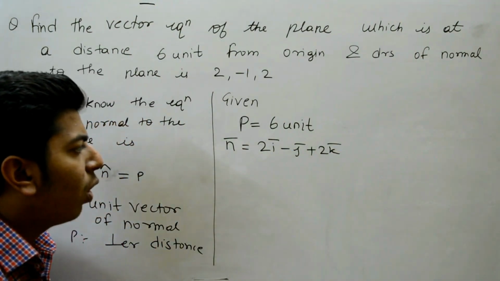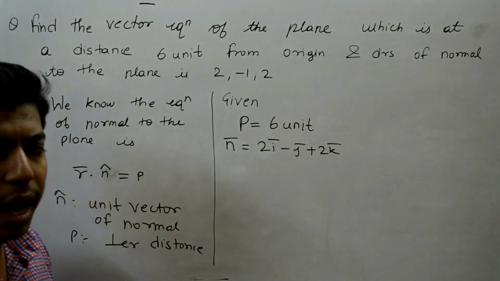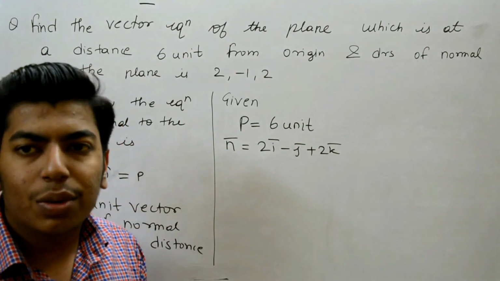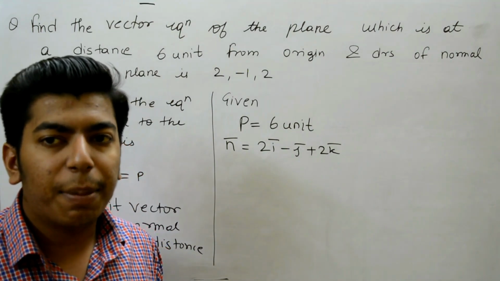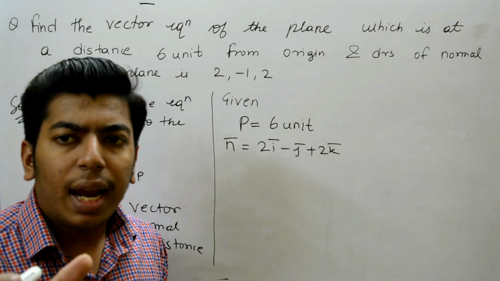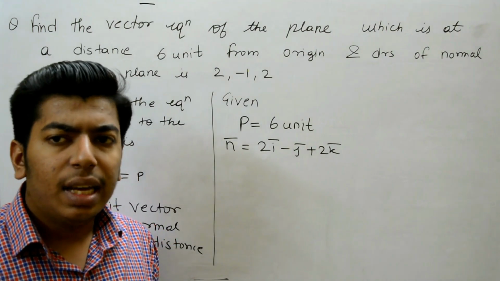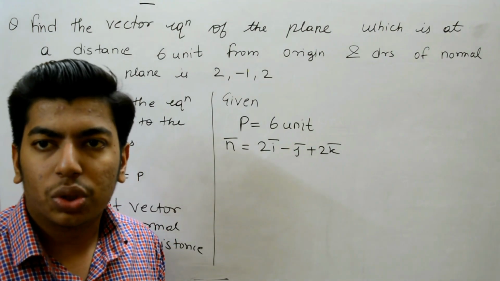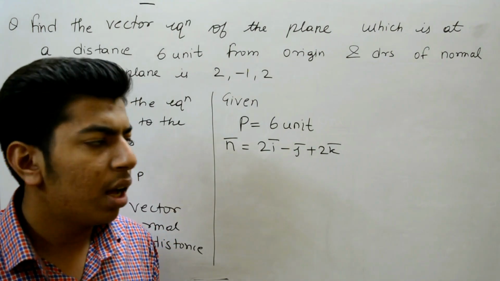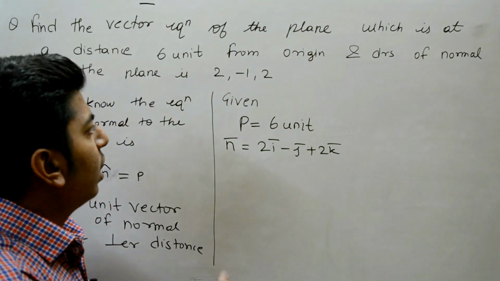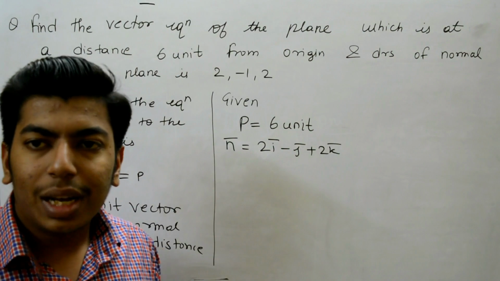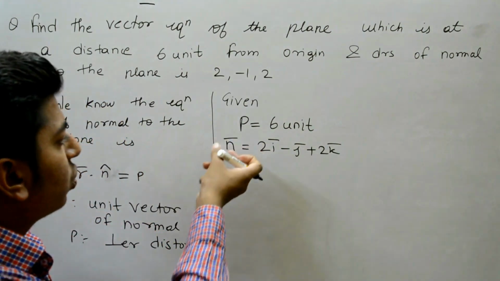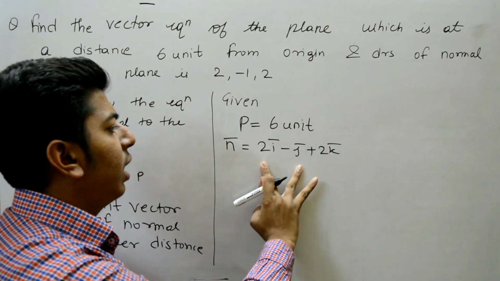As I have already discussed, N bar is equal to AI bar plus BJ bar plus CK bar, and A, B, C are the direction ratios. So here the direction ratios are 2, -1 and 2, so I substituted that over here.